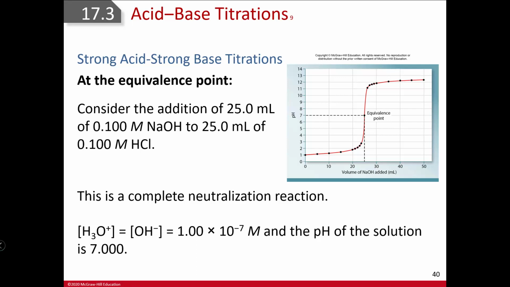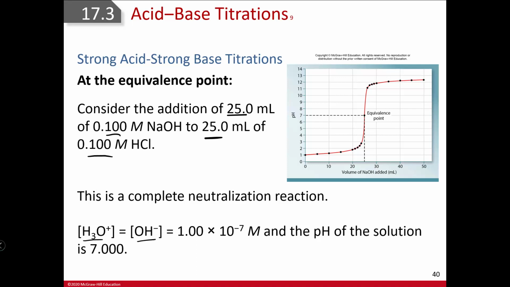So notice what we have here. We have 25 milliliters of 0.1 molar hydrochloric acid in the flask. We've added from the burette 25 milliliters of 0.1 molar sodium hydroxide. So at that point, the hydronium ion and hydroxide are equivalent. They're equal to each other.